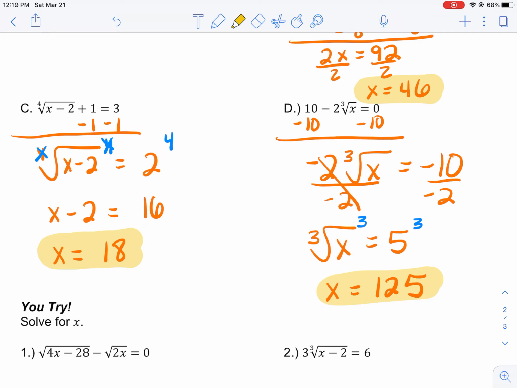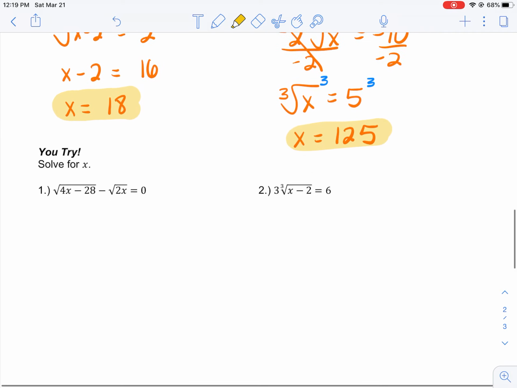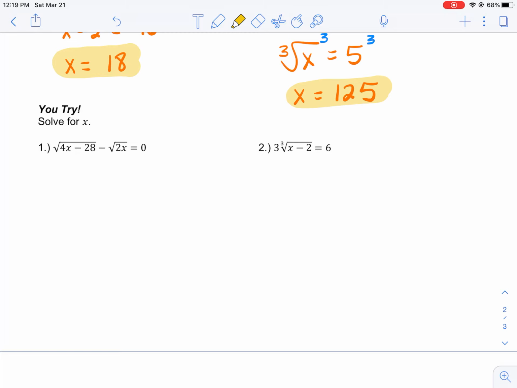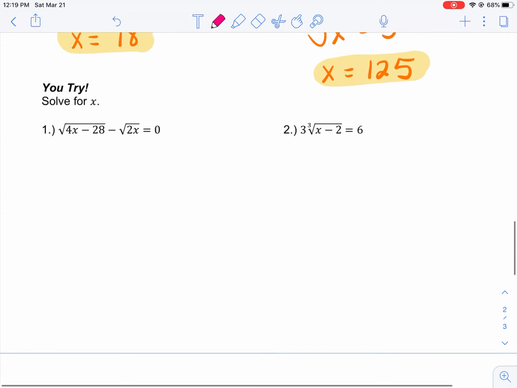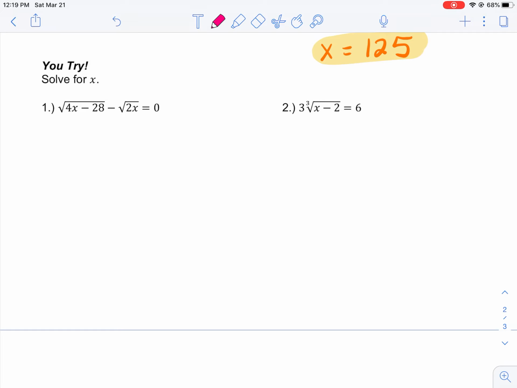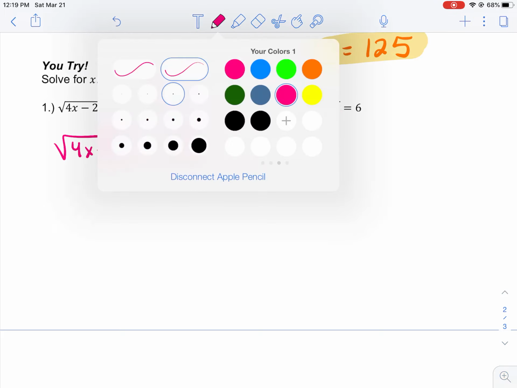All right, so if you understand this stuff, I would like you to pause the video and then try the next 2 problems and then check your answers. Otherwise, if you need a little more support, I'm going to do the next 2 problems real quickly, assuming that most of you are going to kind of do them and check. All right, so this one, I'm going to move this 2x to the other side. So I have the square root of 4x minus 28 equals the square root of 2x.